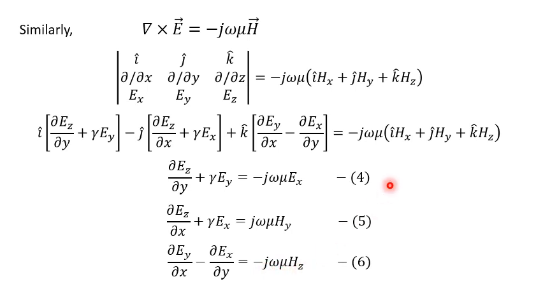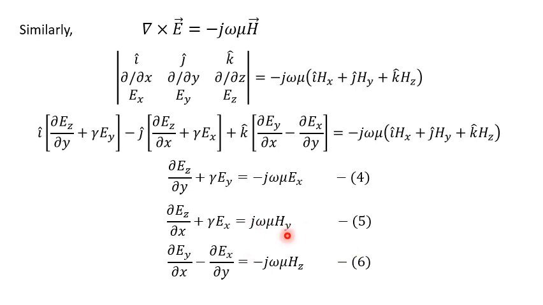Using these set of 6 equations, you can find the components of the electric and magnetic field in the x and y directions. For example, if you want to find the component of the electric field in the x direction, you can start with equation 5.